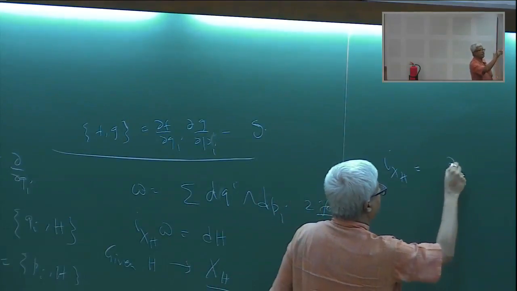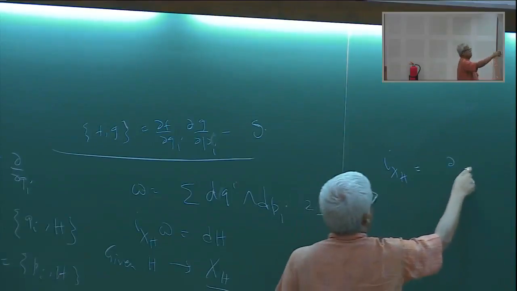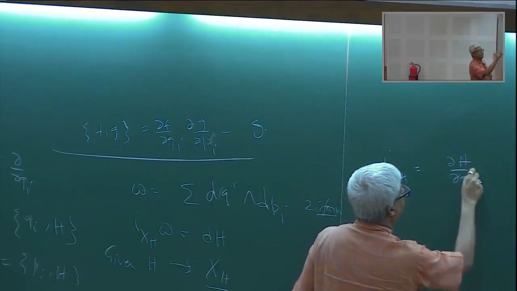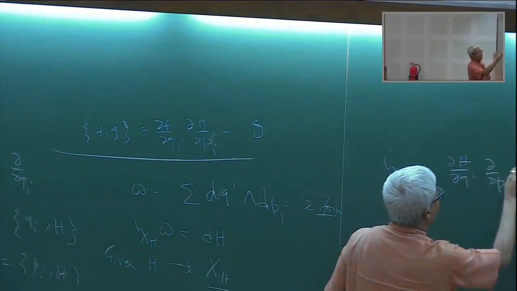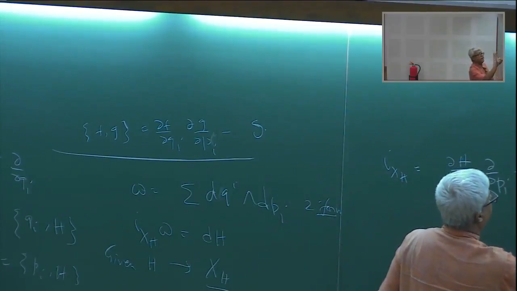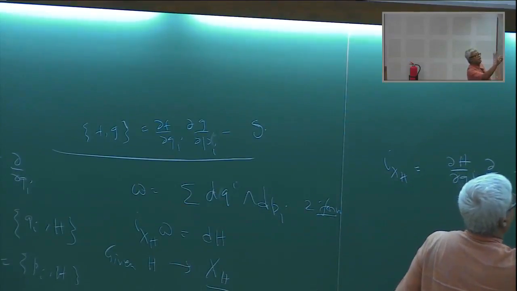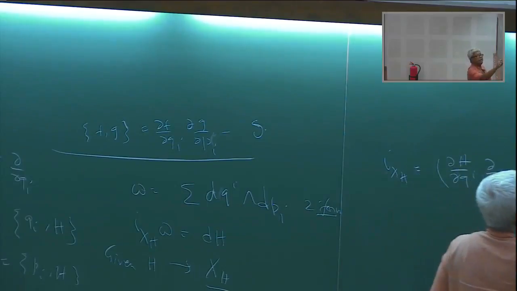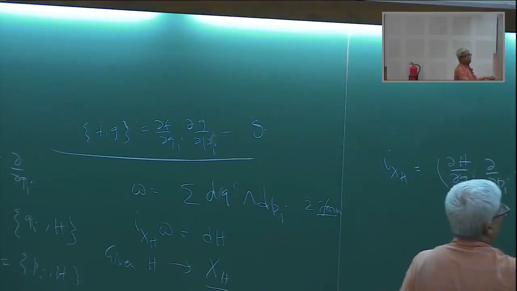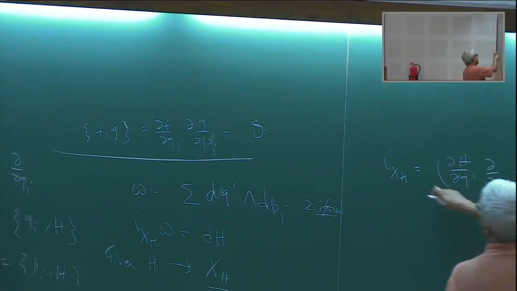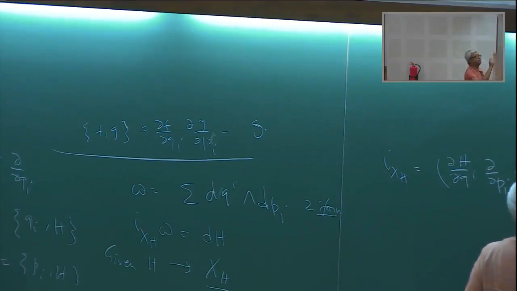So let us write down in my own form ∂H/∂q_i, ∂H/∂p_i minus ∂H/∂p_i, ∂H/∂q_i, and then you have this omega. This is my i symbol. Its omega is dq_i ∧ dp_i.